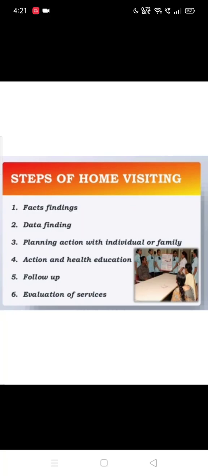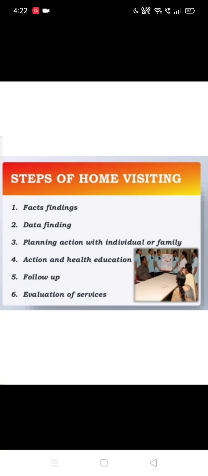You want to do the home visiting for some purpose, to achieve the goal of community health service, or you want to assess the family members, or give nursing care to the family members. So how you have to do it step by step, that we are going to study now. Here you see fact findings.